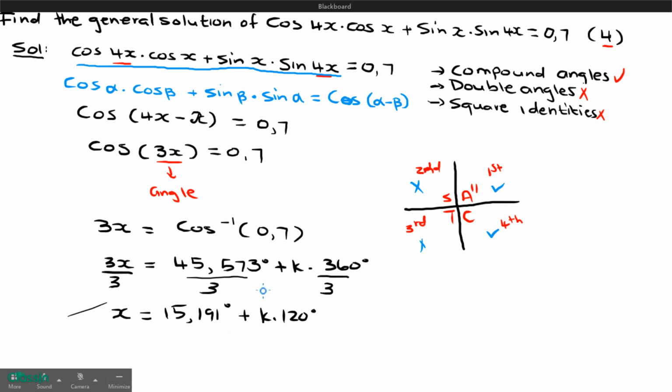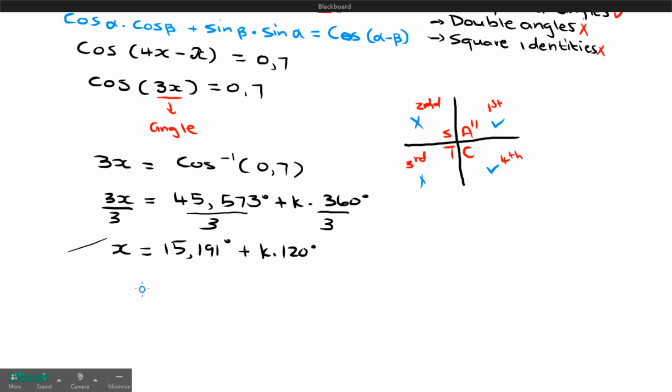Already the smallest angle that we have is 15. Now if you draw 15,191 degrees, the very same angle, we must also be able to draw it on this side, with 360 here and 180 there.